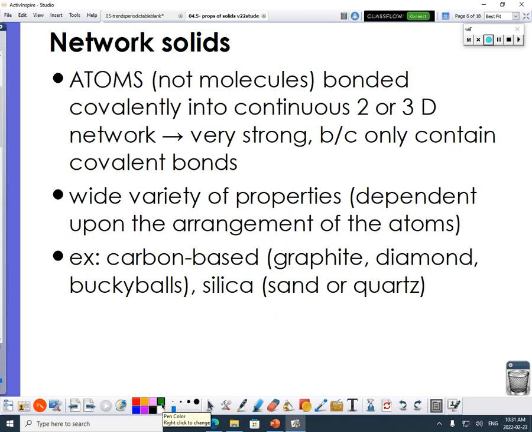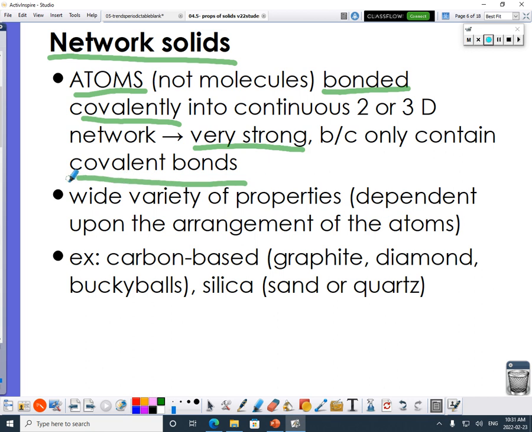So the next one is weird because we call them network solids, and they are atoms, not molecules, but they are bonded covalently, which are very strong because the covalent bonds are very strong.